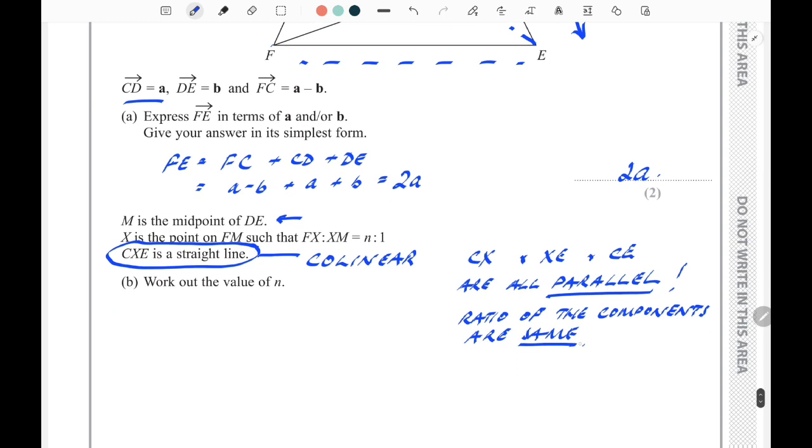Okay, so for example, if I have A plus 2B is parallel to 3A plus 6B is parallel to half A plus B, etc. All right, so bear that in mind. And the ratio of the components are the same for all three.